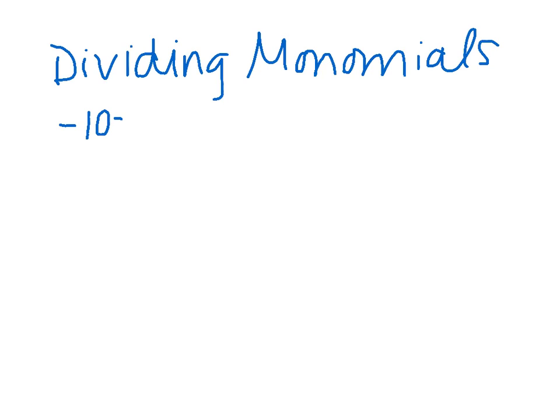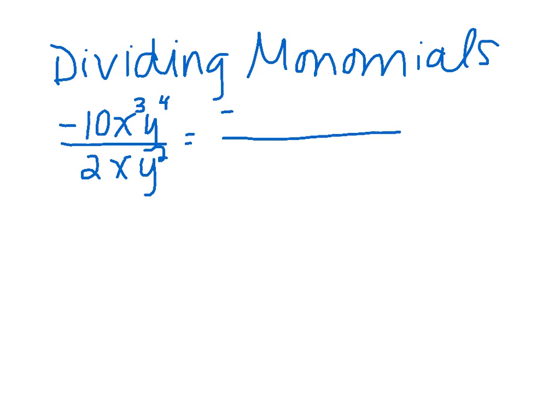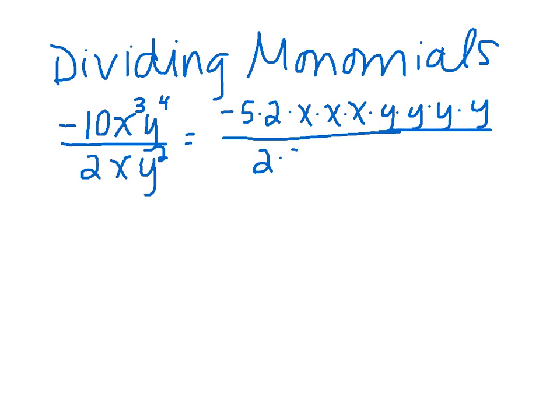This is an easy problem. Negative 10x to the third, y to the fourth, divided by 2x y squared. By expanding this, you can see that this is the same as negative 5 times 2 times x times x times x times y times y times y times y, over 2 times x times y times y.